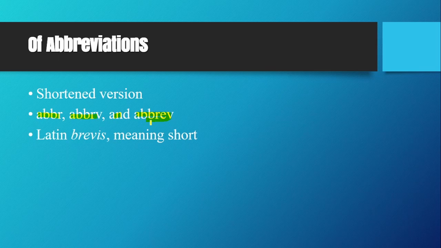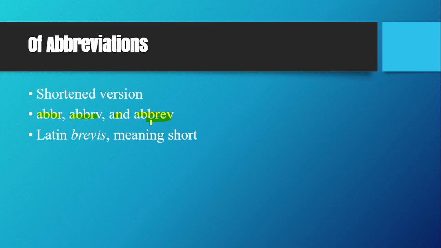If we talk about the history of the word abbreviation, it is basically a Latin word, and the root word is brevis, which means short. You might have heard the word brevity, which means conciseness.